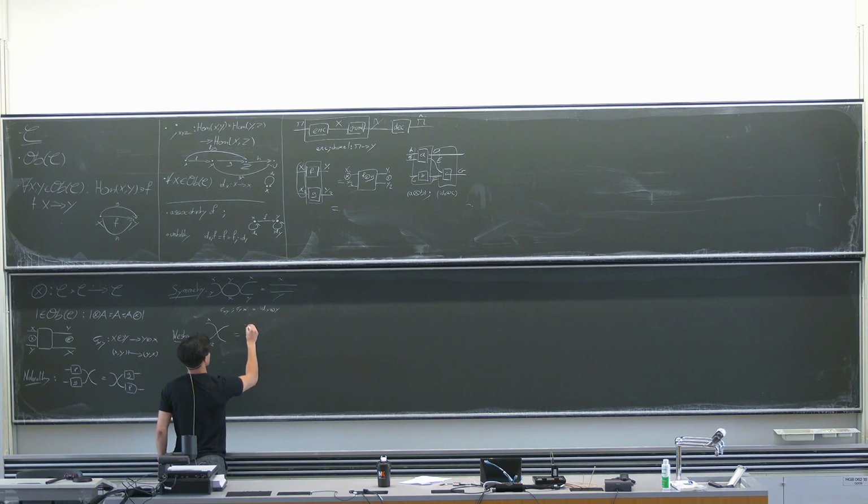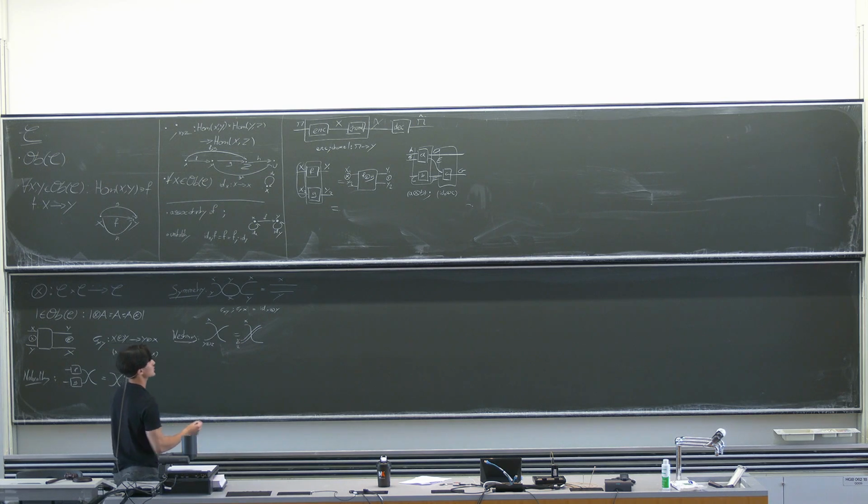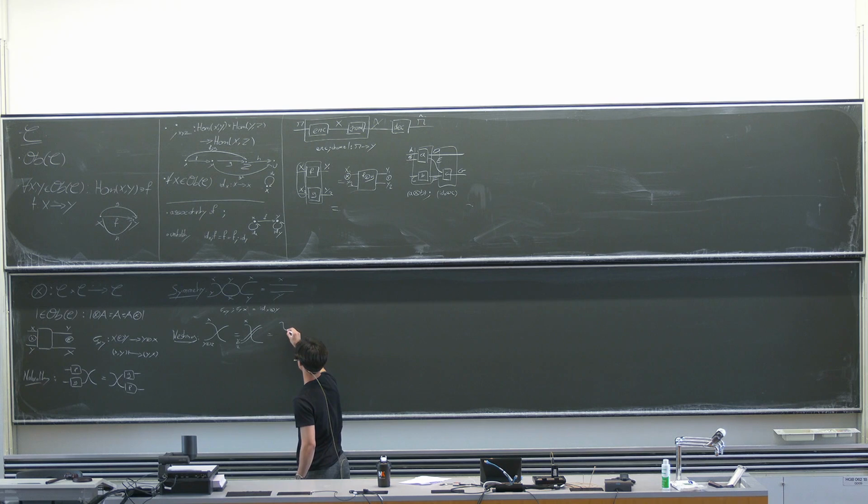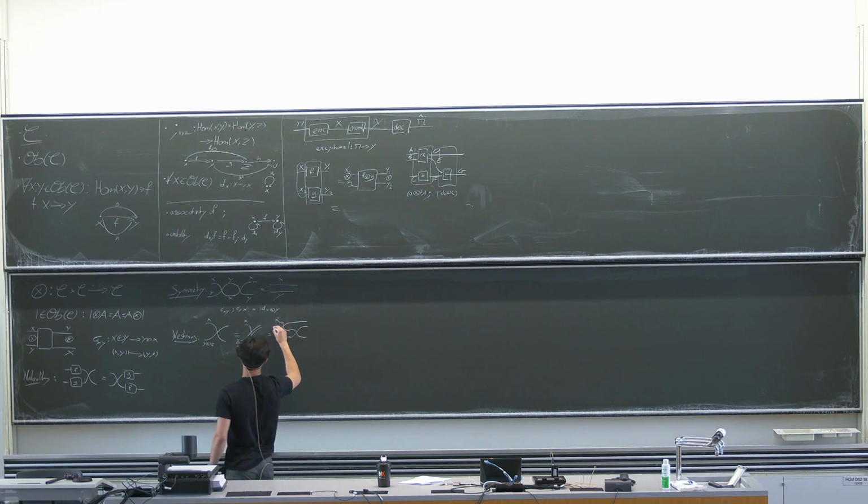Well, it's kind of like if we had this, which is kind of annoying because it's not very clear how we're supposed to treat this. And what we're going to require is that this is the same as braiding once and braiding twice, like this. And so we would get x, y, z, and we get y, z, x.